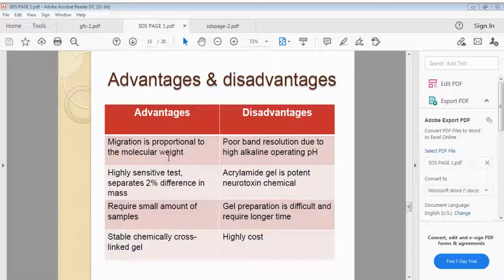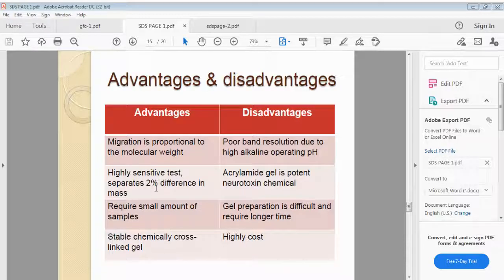The higher the number of charges, the migration rate will be faster, whereas the lesser the number of charges, the migration rate will be slower when they are moving in a liquid medium. But when they are moving in a gel medium, the gel will act as a filter. Depending upon the pore size, it will allow the smaller molecules to migrate faster through the gel, and allow the larger molecules to move slower because of the large size.